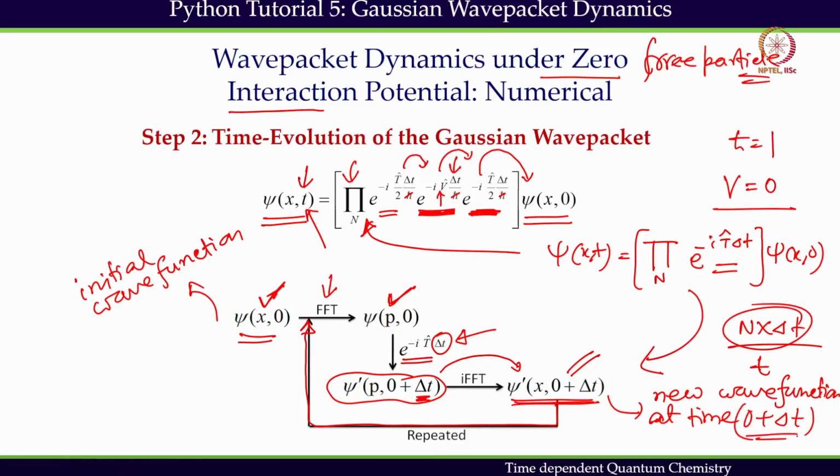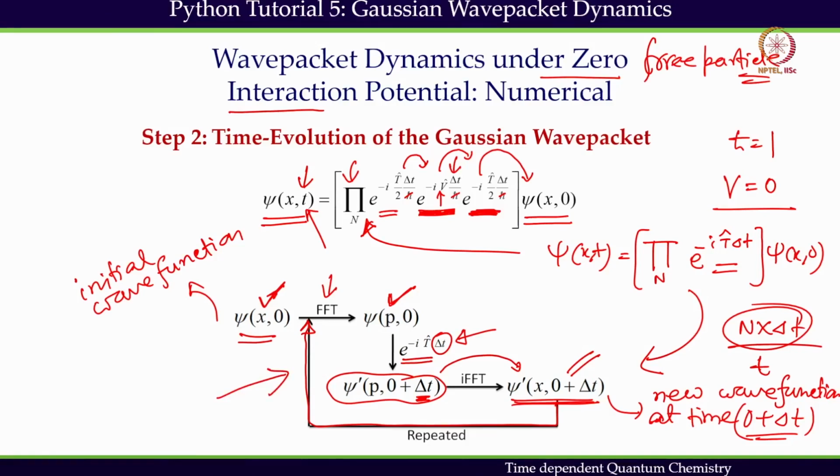So, delta t time has been advanced for this wave function. To implement this product recipe, this iterative product recipe, the sequence is repeated with the help of a for loop.